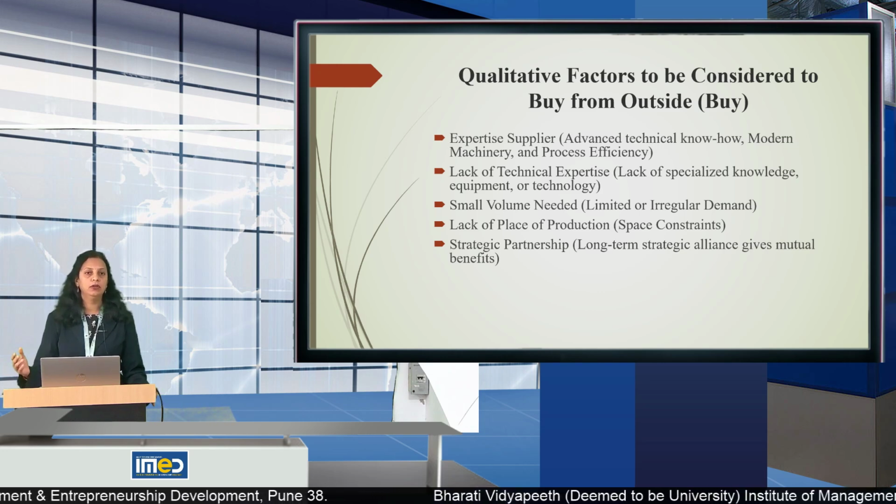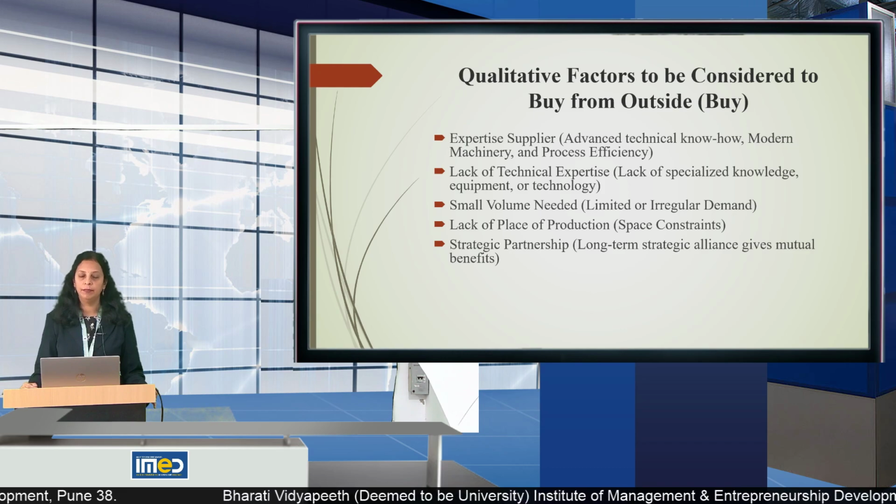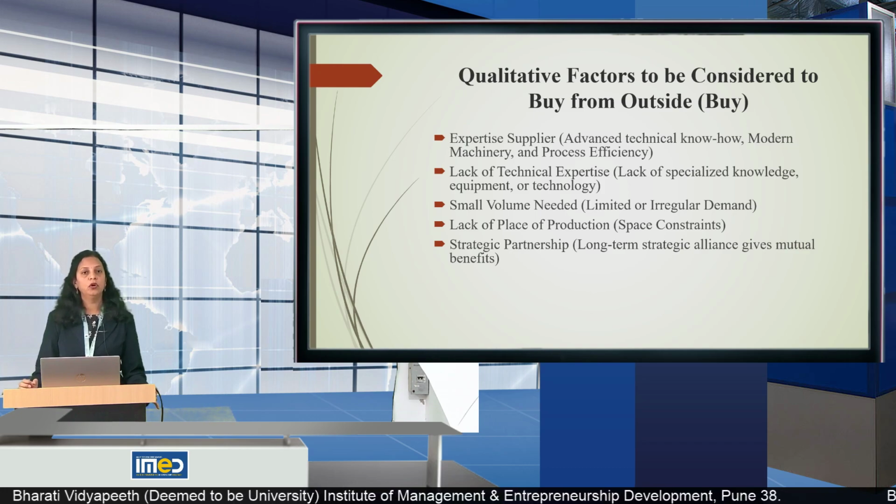Every now and then new techniques are coming in manufacturing, and in each and every field artificial intelligence is coming up. So the company cannot always adopt the new techniques immediately due to cost concerns or any other concerns. If the company does not have the technical expertise, it is better to outsource it and take the advantage of the specialized knowledge, equipment, technology of the supplier.